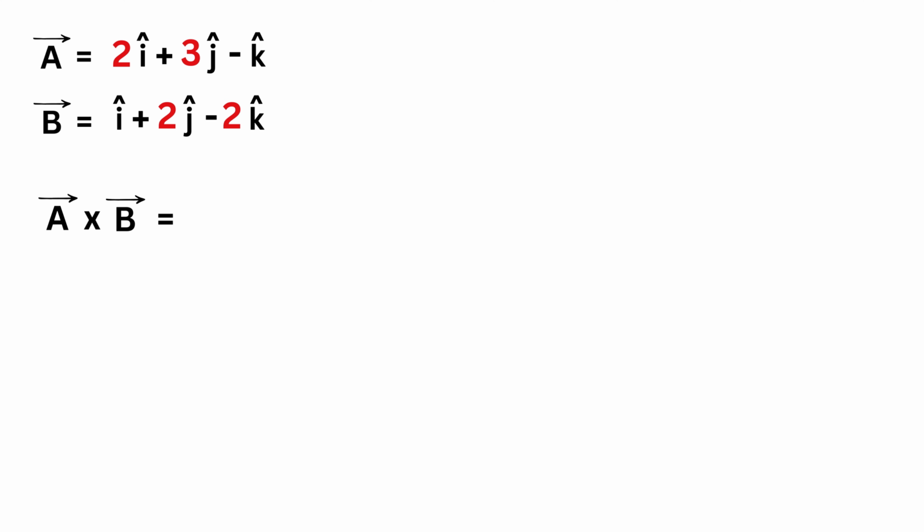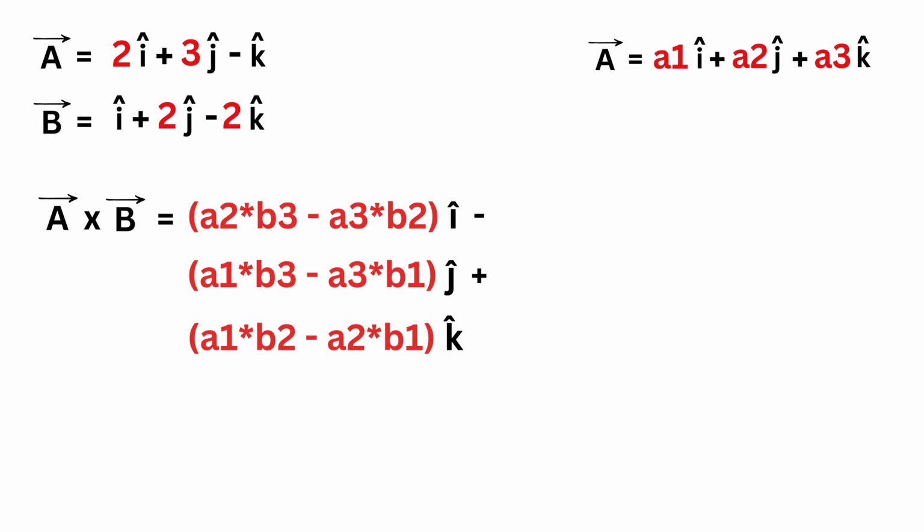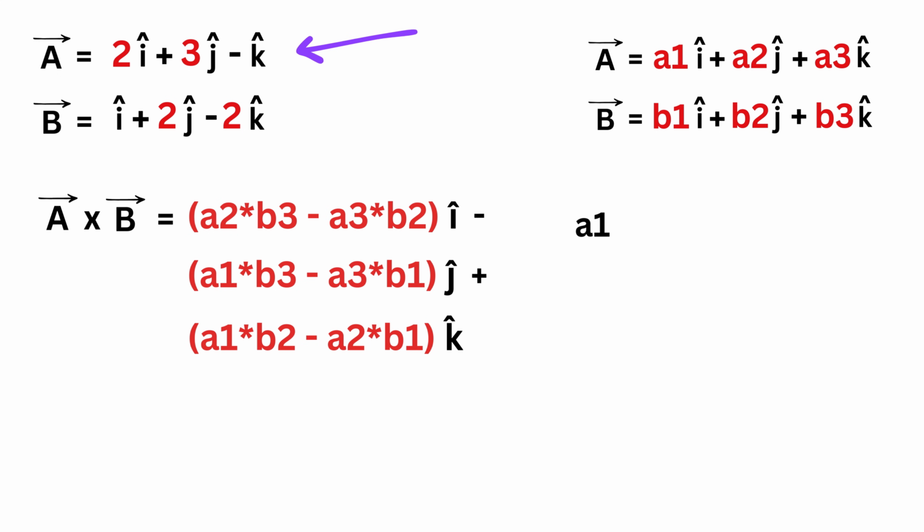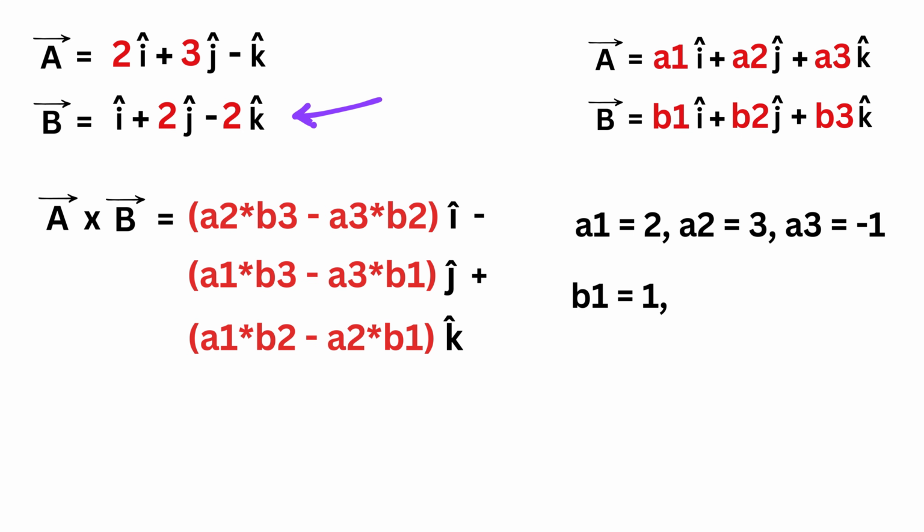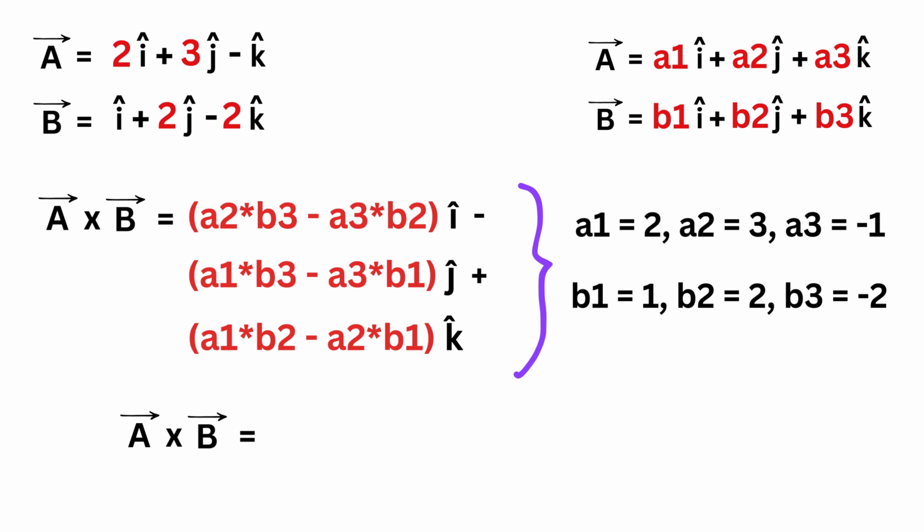Cross product is given by this formula where A1, A2, and A3 are the components of vector A, and B1, B2, and B3 are the components of vector B. In our case, A1, A2, and A3 are these, and B1, B2, and B3 are these. Let's plug these values into the formula to get A cross B as minus 4i hat plus 3j hat plus k hat, and this vector will be perpendicular to both A and B vectors.